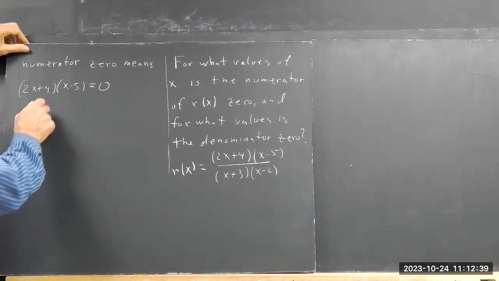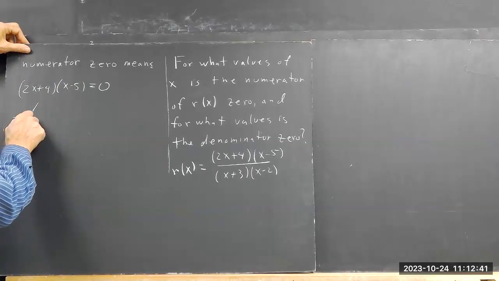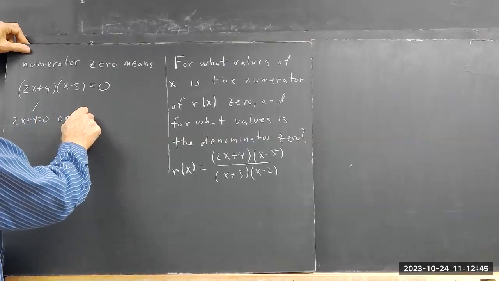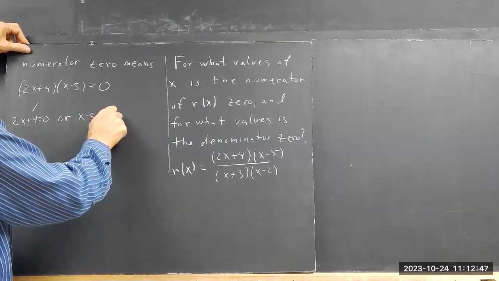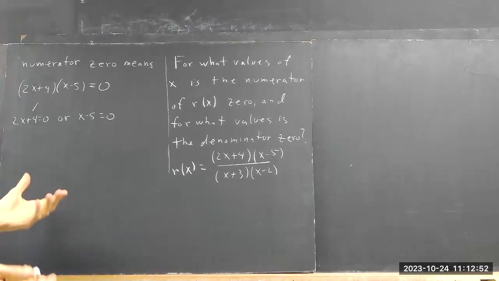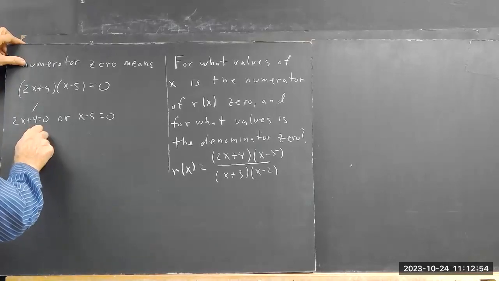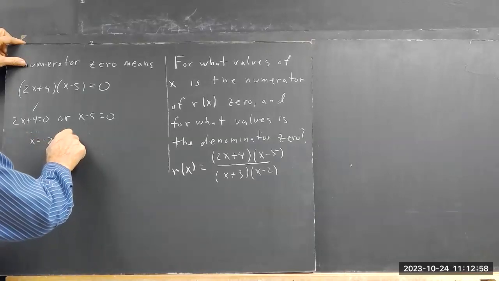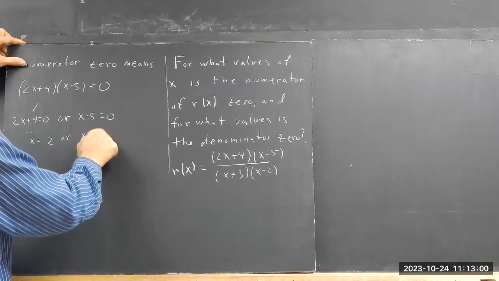So what we do is we split this into 2 equations. And of course, we've seen this. This means 2x plus 4 equals 0, or x minus 5 equals 0. And 2x plus 4 equals 0 is an equation we can easily solve. So I'll just put 3 dots here. We solve and we get x equals -2, or x equals 5.